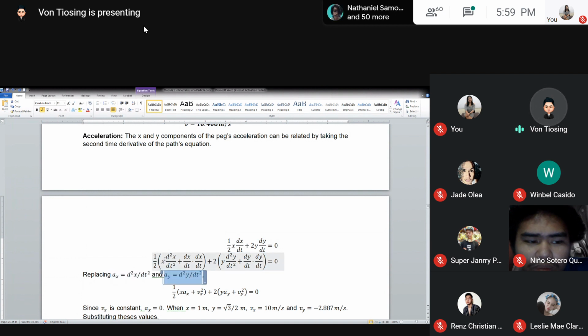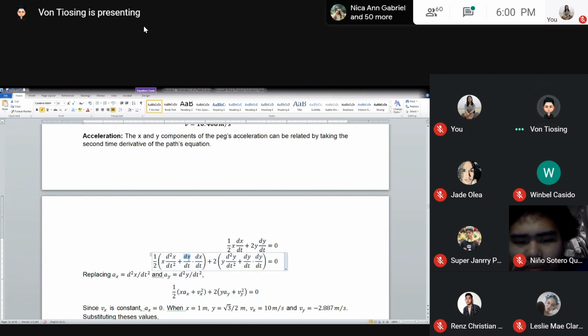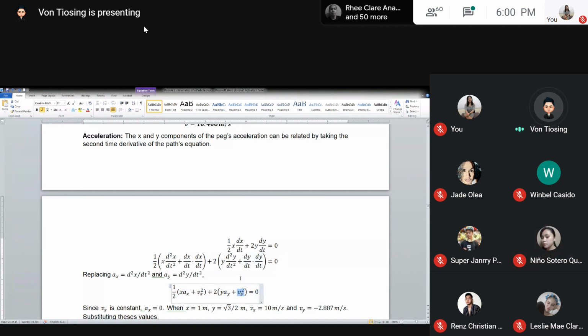Palitan lang natin. So, 1/2 times the quantity x times ax, plus Vx squared, plus 2 times y times ay, plus Vy squared. Okay? So, ito na yung working equation mo ngayon.